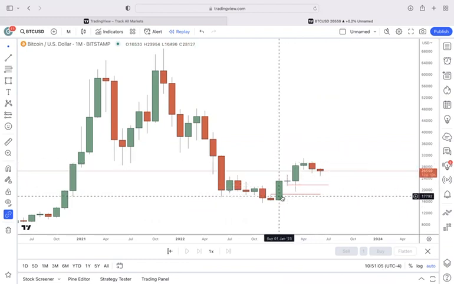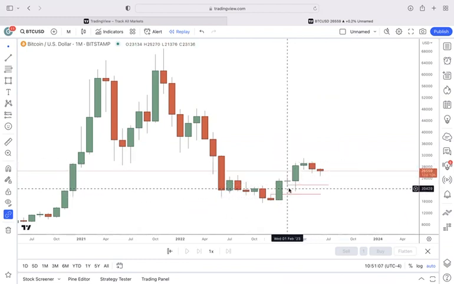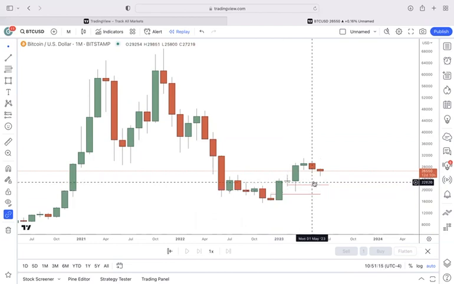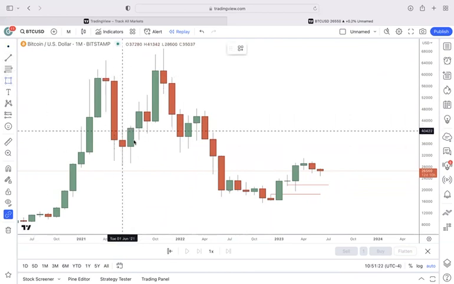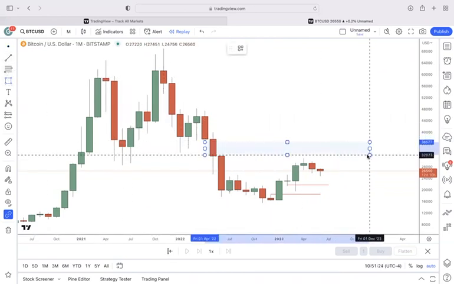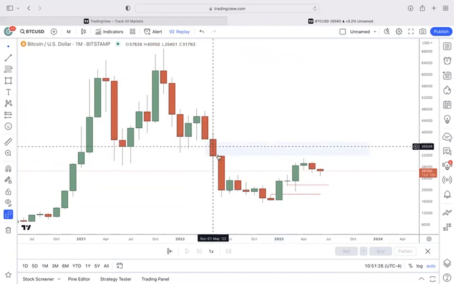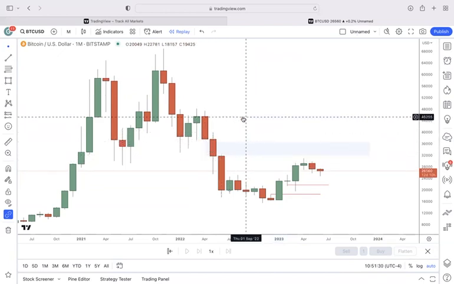And we're in a discount down here, obviously. And if we're going to go from a discount, here's the PD array matrix example. We're in a discount. Now, where should we head? We should be heading to a premium. Is there a PD array at the premium side of the market on this time frame? Yes, there is. Where is it at? It's right here. It's up here. This candle's low. This candle's high. The candle in the middle. That's a fair value gap, sell side imbalance, whatever you want to call it.